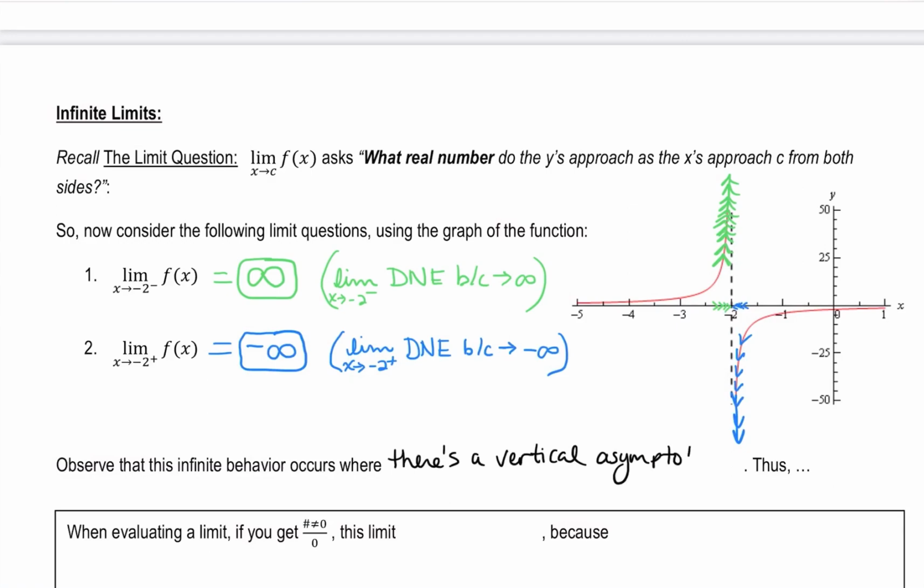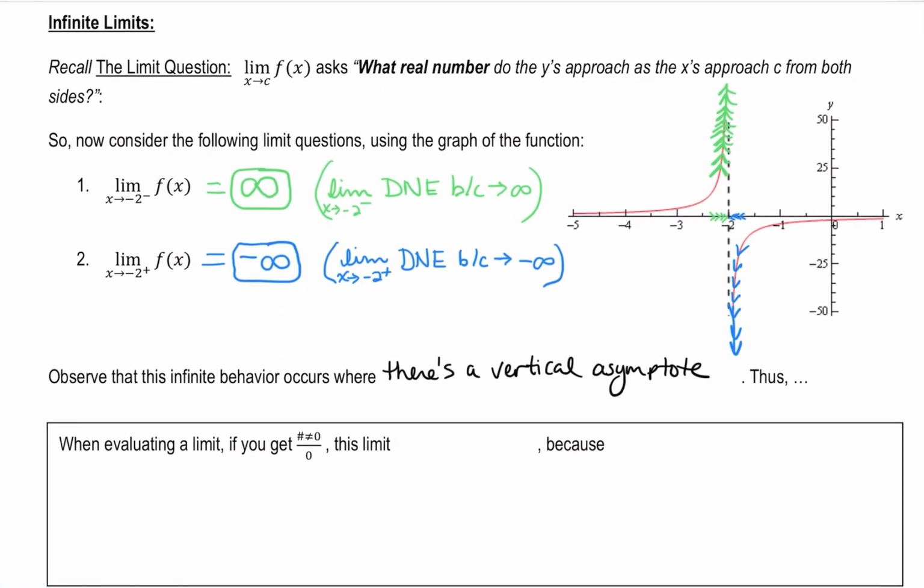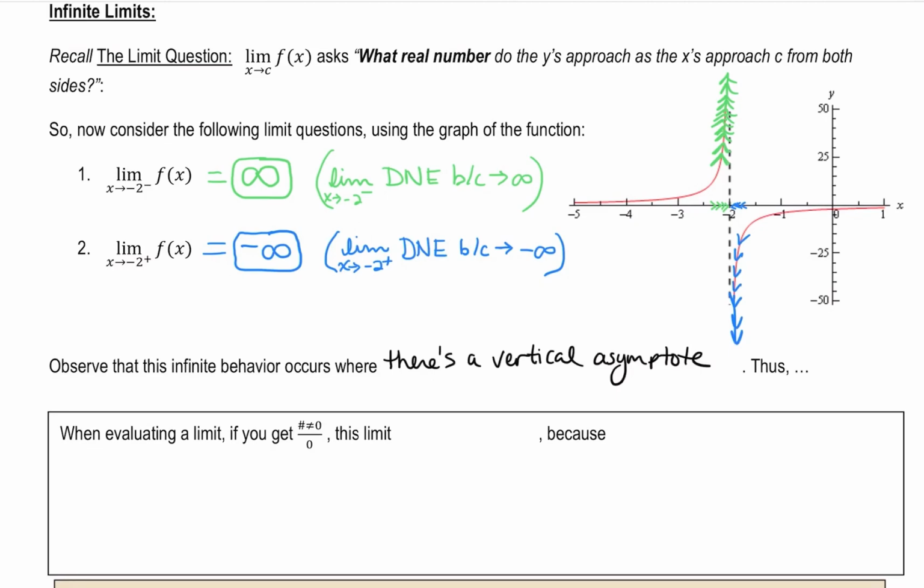And we alluded to this before in a previous section, but when you evaluate a limit and you get this non-zero number over 0, that is going to tell you that this limit is either going to infinity or it's going to negative infinity, because there's a vertical asymptote there.